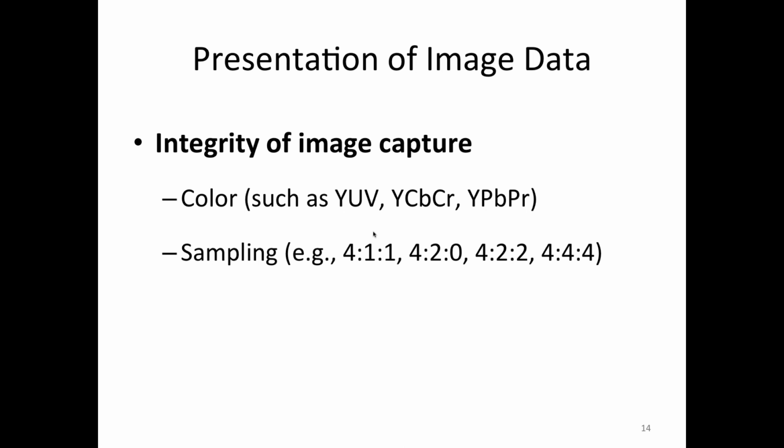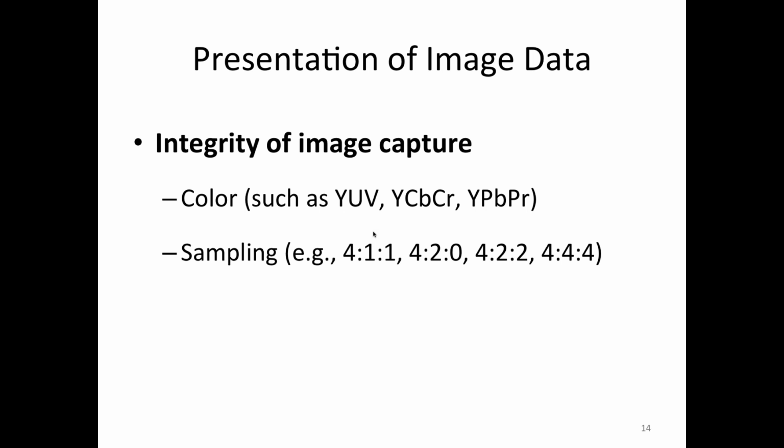Refinements in the technology led to the development of component video, where luma and the color carriers are separated into three separate channels. YPbPr was a standard for component color developed by the Society of Motion Picture and Television Engineers, or SMPTE. YCbCr is a digital version of the same standard.